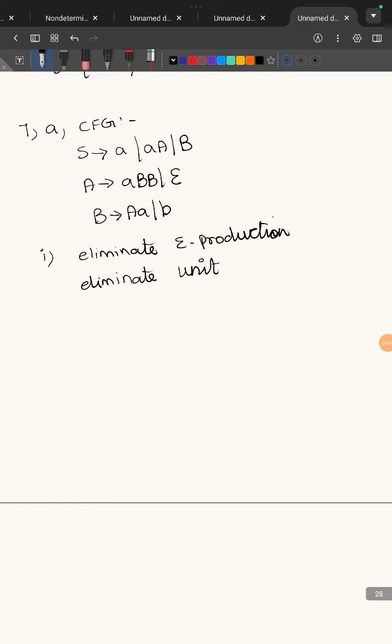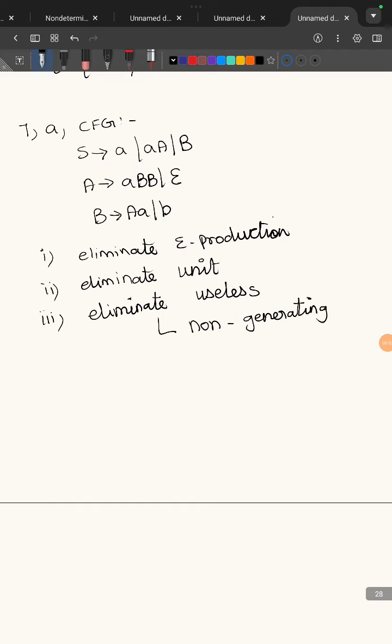And the third rule says that we have to eliminate useless production. In useless we have two types. One is if it is a non-generating production, we have to remove that one. And if it is non-reachable from your starting state, that also you should be removing.